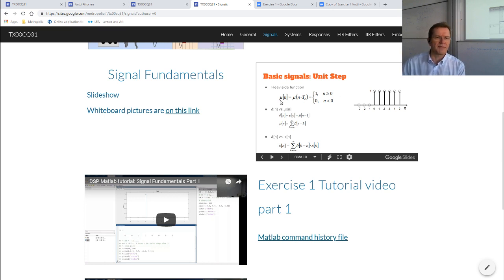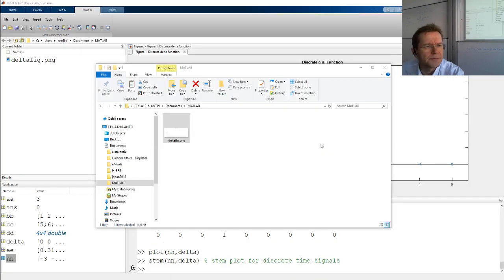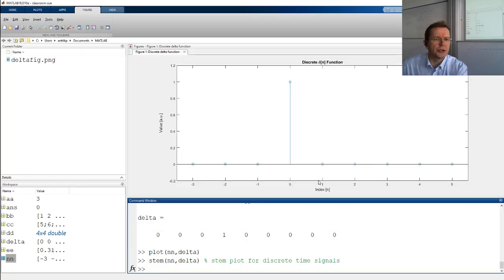Okay, and same thing, but actually the test is different. So it's 0 if the index is negative and 1 if index is positive or 0. Good. So Heaviside, which is also the unit step function.